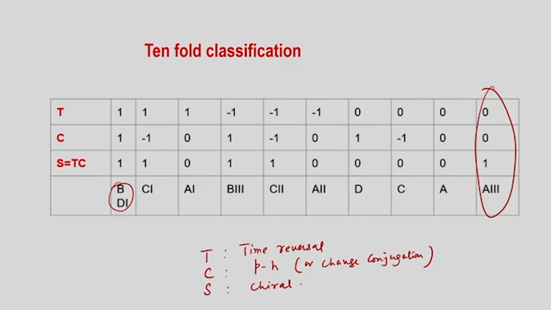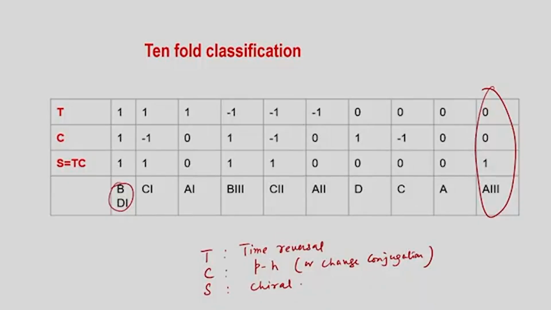So there's BDI and CI or C1, A1, B3, C2, A2, D, C, A and A3. Okay. So, all our materials including the insulators and the superconductors will fall into one of these categories, and they are based upon these values that you see appearing in the columns corresponding to T, C and S. Okay.